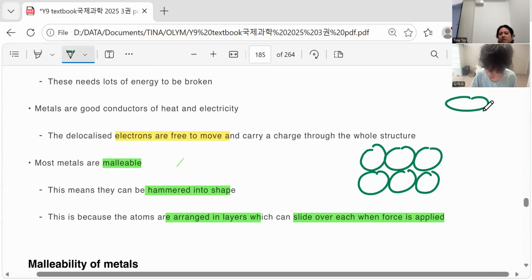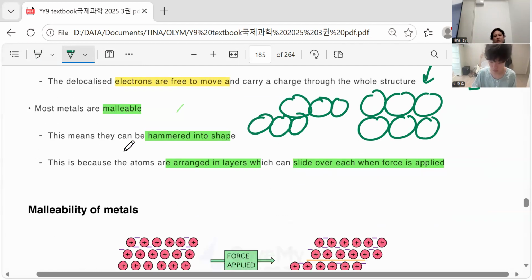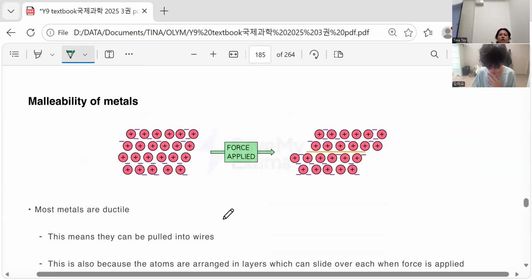When you take a hammer and you knock it, the layers can move apart like that, can slide over each other. Can you understand? So that's called malleable. Malleable means you knock, it will change shape.